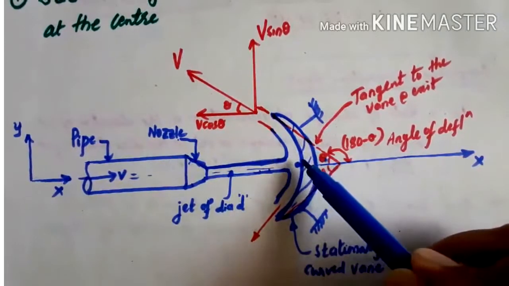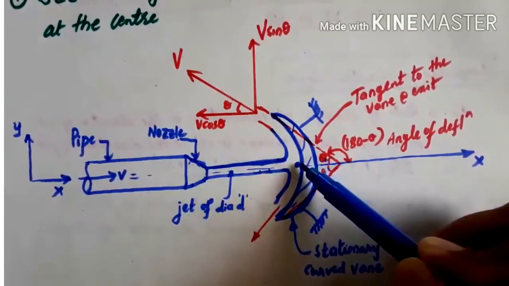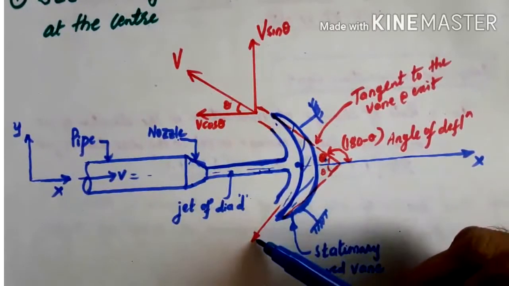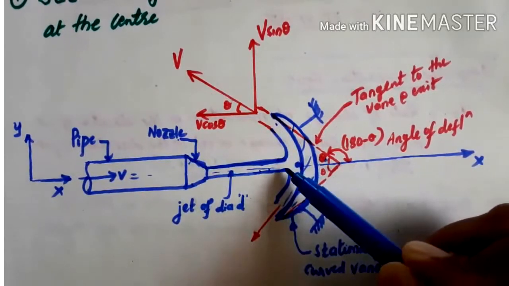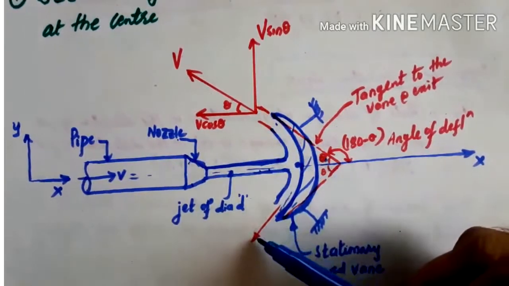This vane is placed symmetrically, meaning the jet strikes exactly at the center. Whatever quantity of water moves in this direction, the same moves in the other direction also. With whatever angle it deflects here after striking, it deflects with the same angle there.